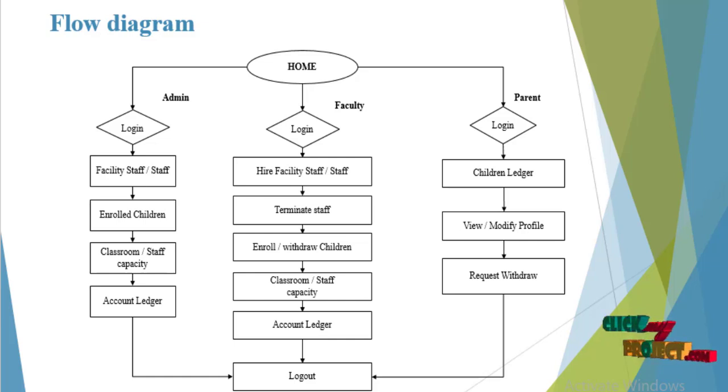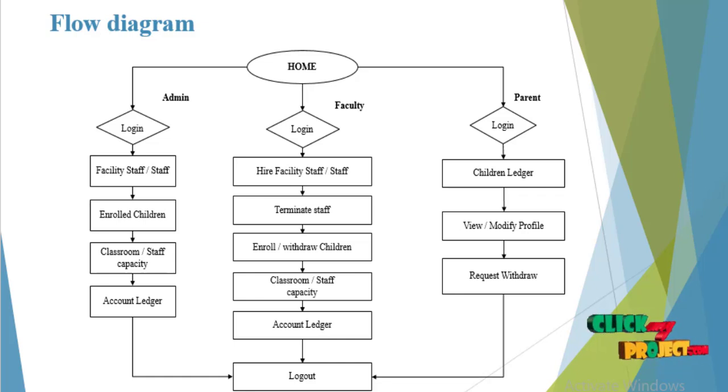If there are any changes like address, name or anything else, they can modify the profile. And at last they have the request withdraw form. In this they will send a request to the faculty to change the children or any other things like that.